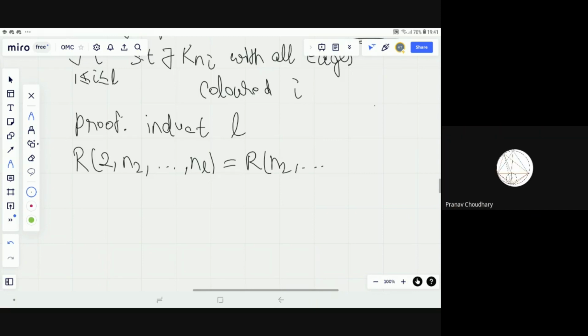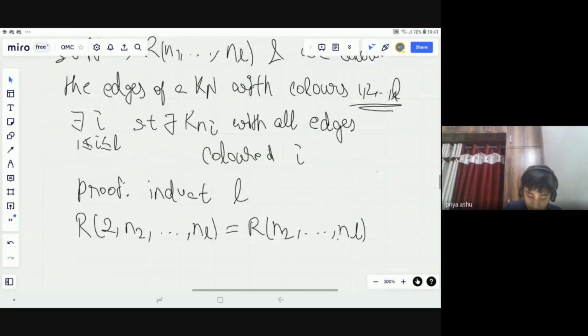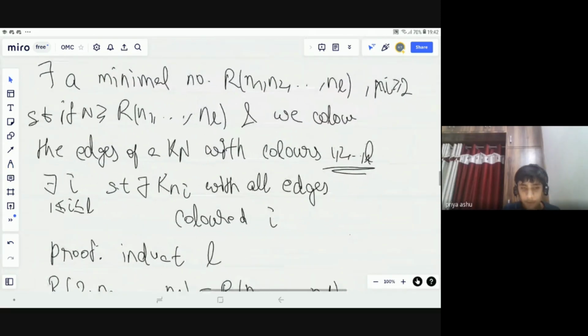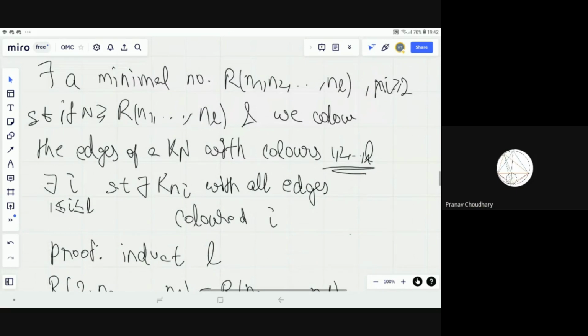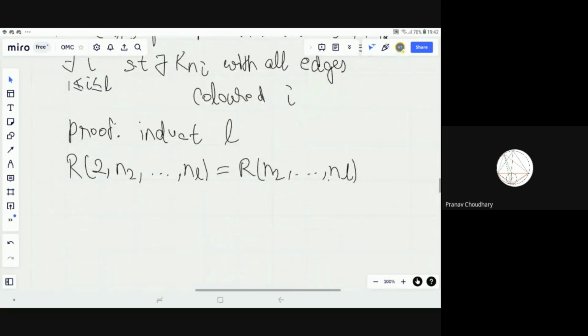R is that minimum number, right? Yes, R is the minimum number such that a K_{n_i} will appear. We just defined it for multicolor numbers, generalizing from 2 to L. If any edge is of red color, there will be a K_2. So if there is no red edge, we can just ignore this 2.